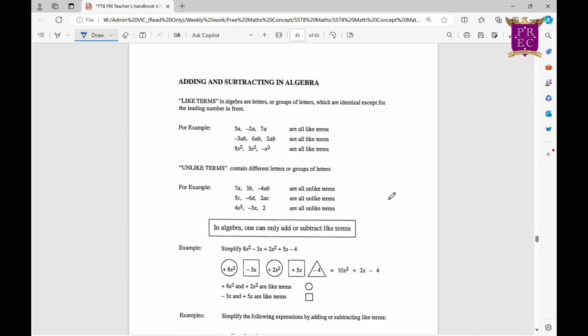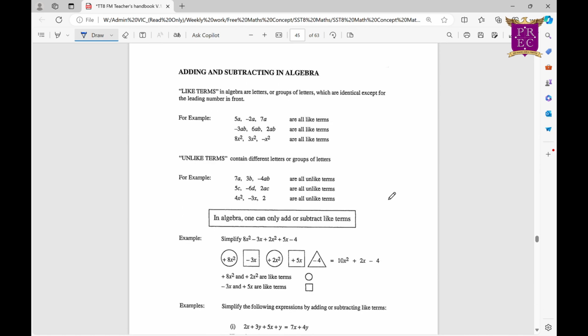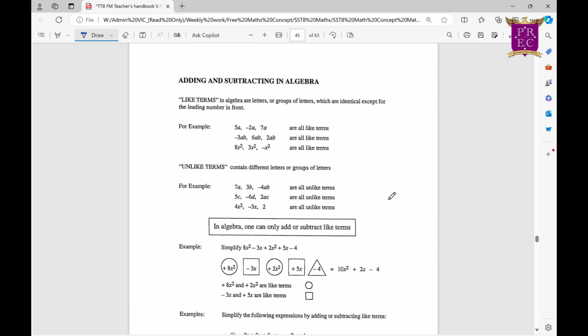Okay, so when it comes to adding and subtracting in algebra, you have two categories of terms. You have what are called like terms, and you have what are called unlike terms. Like terms refers to terms that are identical except for the leading number, or the coefficient, in the front.